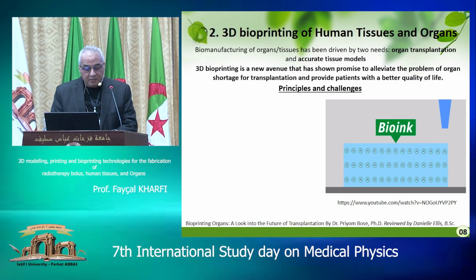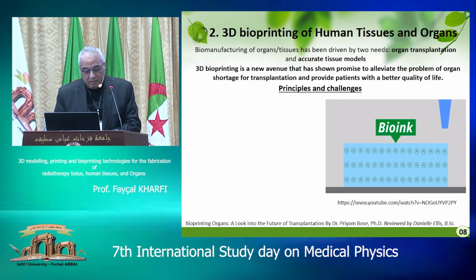Concerning the challenges, bioprinting is now facing many challenges. I mention here some of them. The first one concerns gas and nutrition exchange. The second one is about the biocompatibility of the ink that we are using.